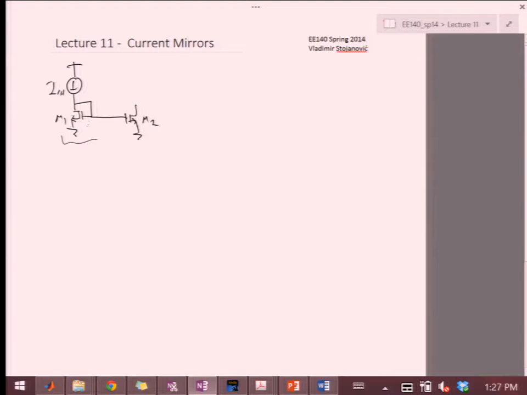When I have a diode connected transistor, what's the small signal model of a diode connected transistor? Yes, and what's the value? Okay, so it'll be 1 over gm.